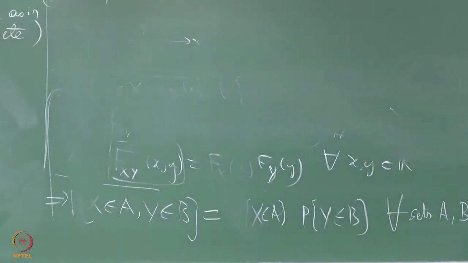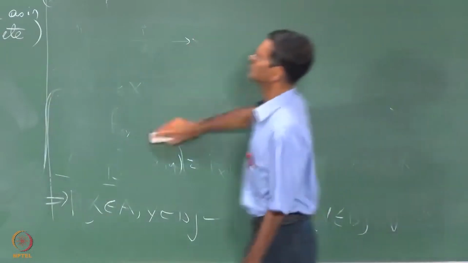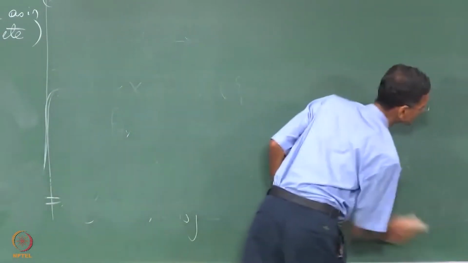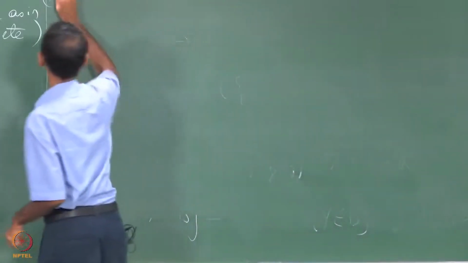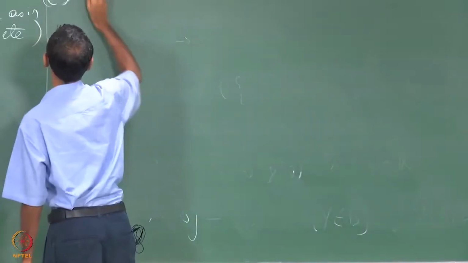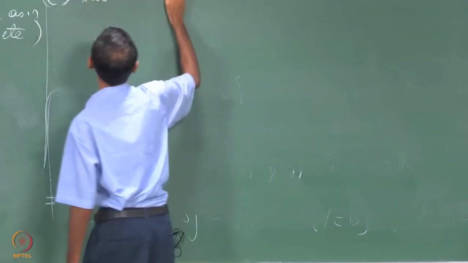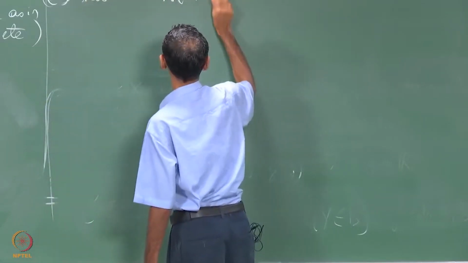So this is an example. Let x be some Gaussian with variance sigma 1 squared.